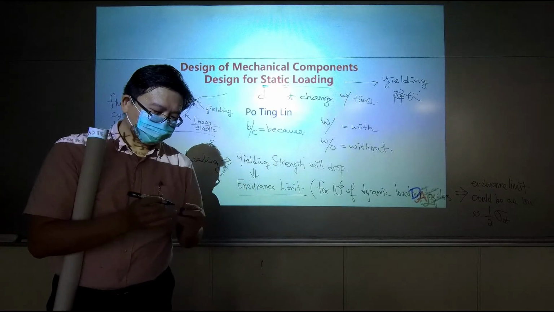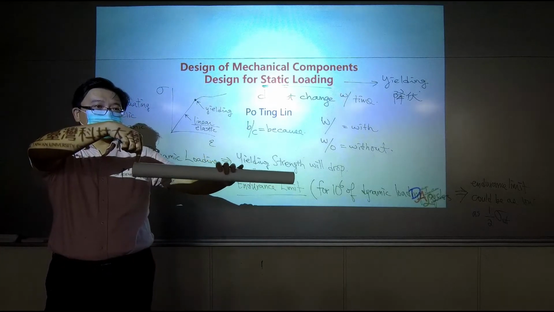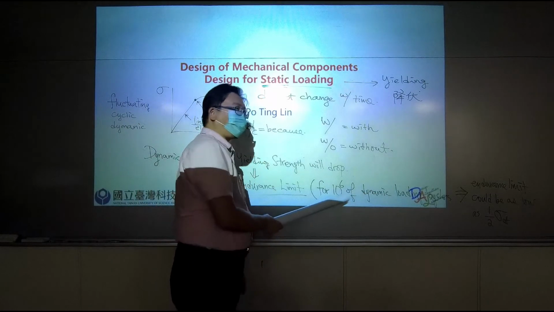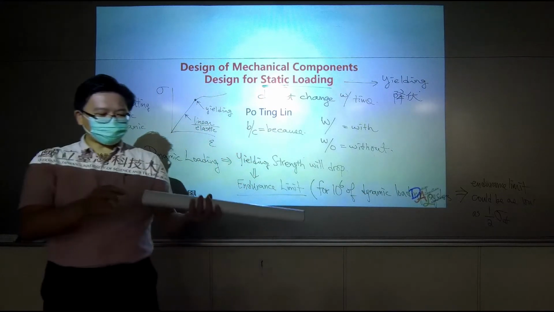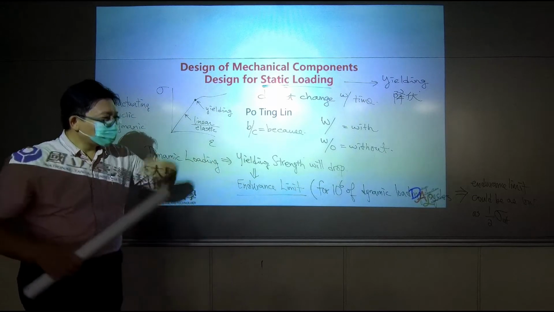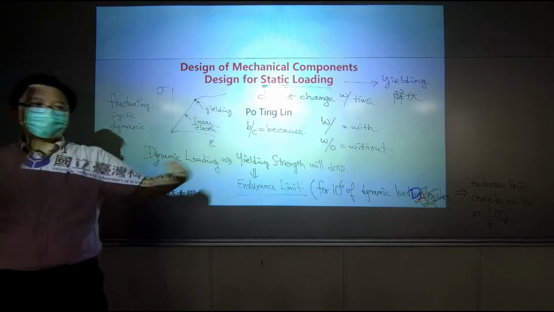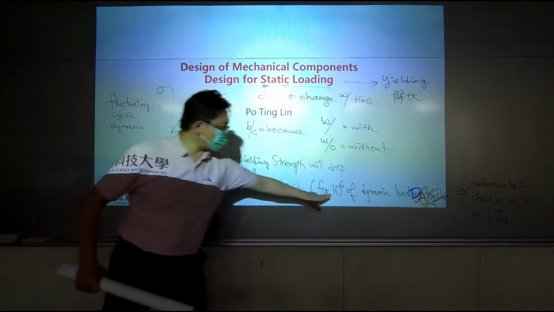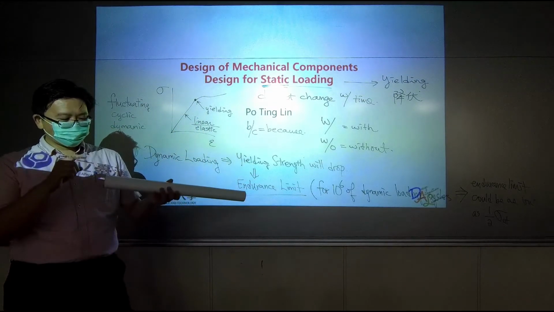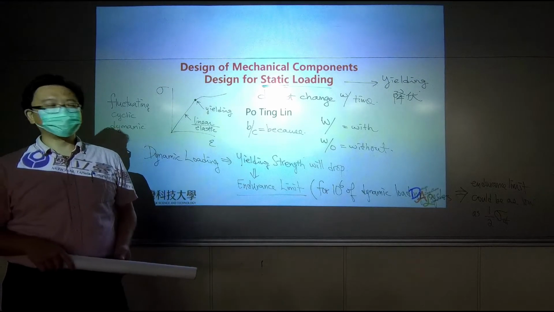So if I have a certain load and I spin this cylinder for 10 to the power of 6 times, then that particular point is under a loading cycle, being pulled, being pressed, 10 to the power of 6 times. After that, the strength of this material will drop a little bit.